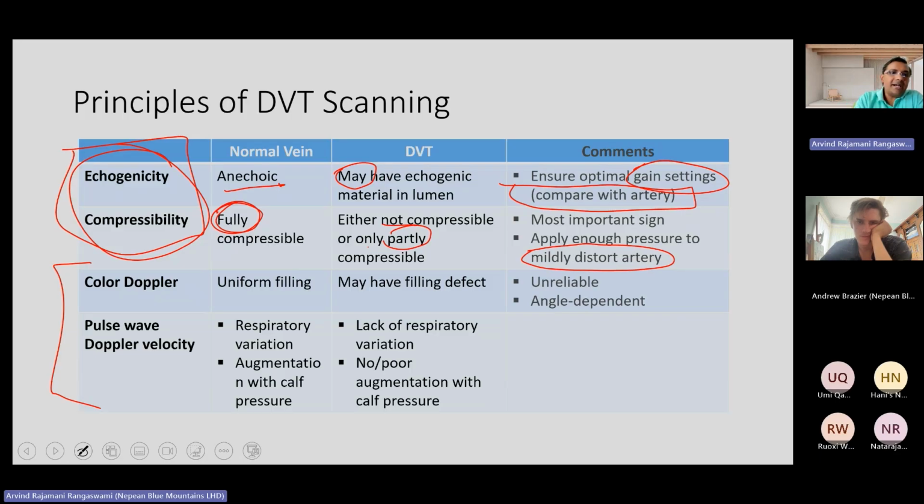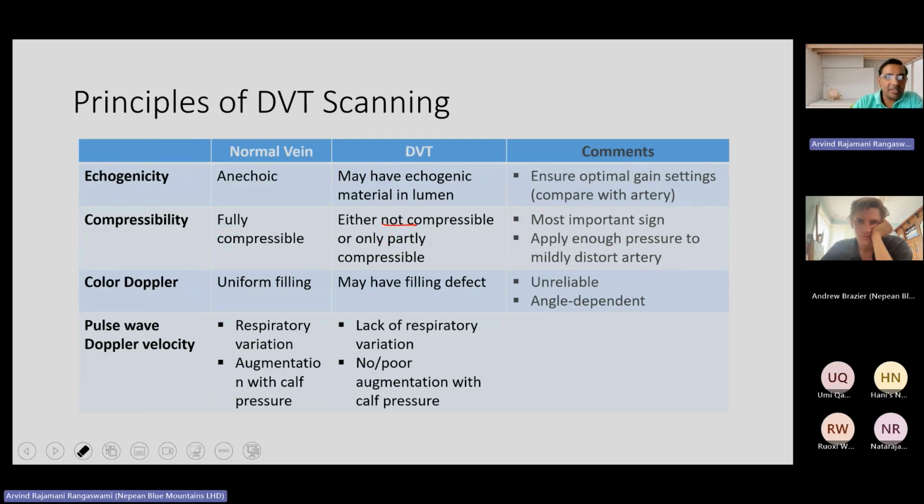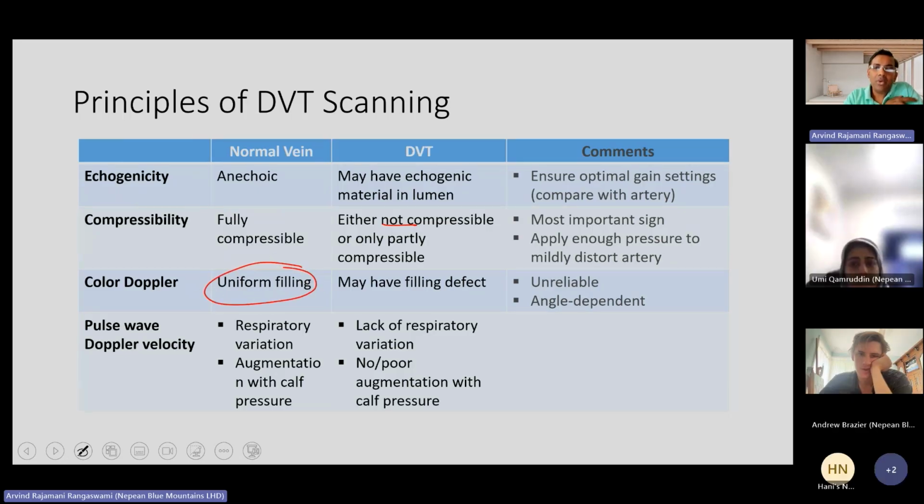Okay. Now these other things here, the Doppler modalities, are an ancillary thing. There are a number of fallacies to it, but in general, if you put Doppler on and reduce the scale for venous velocity, you'll have uniform filling of the vein, whereas a DVT may have a filling defect.